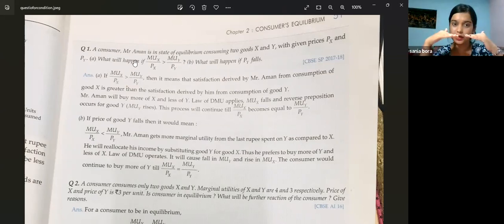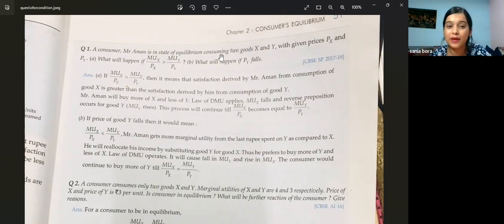See, Mr. Aman is in consumer equilibrium, right? First they are asking what will happen when MUx upon Px is more than MUy upon Py. This you already know. But here they are asking what will happen if the price of Y good falls. Py is the price of Y good. If the price of Y good falls, what will happen? MUy by Py will be greater.